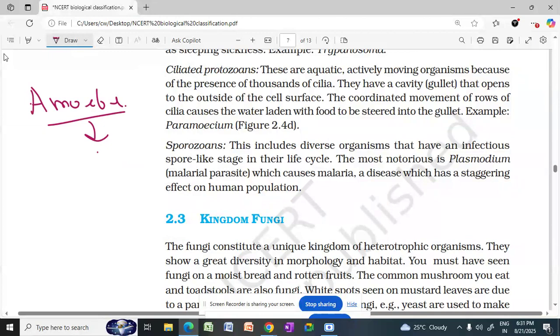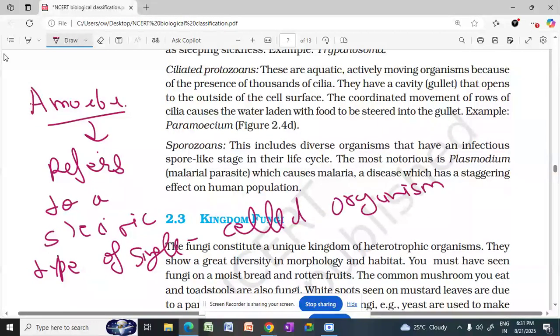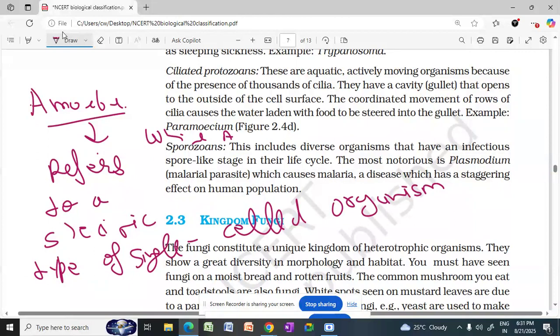You can note down in your notes that the term amoeba refers to a specific type of single celled organism, while amoeboid protozoa are a broader category of organisms.